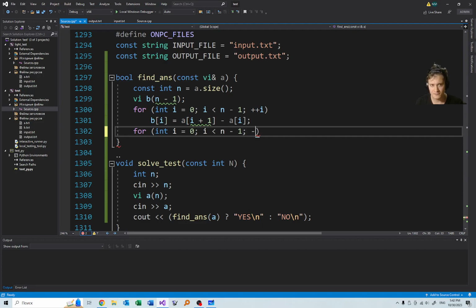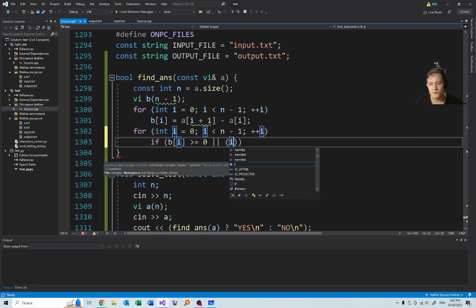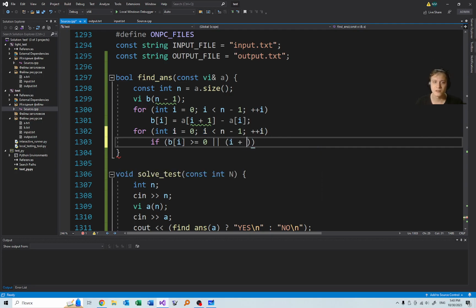So we want to check whether b_i is non-negative or i is a power of 2 minus 1. How to check that i is a power of 2 minus 1? It is simple. We need to AND it with i plus 1 and check whether it is 0.